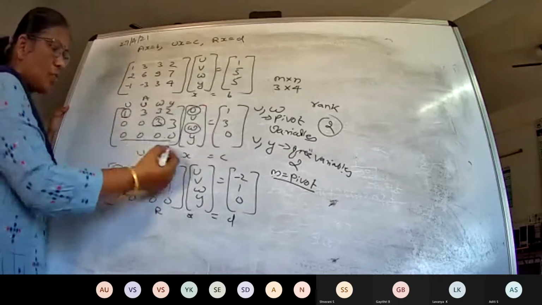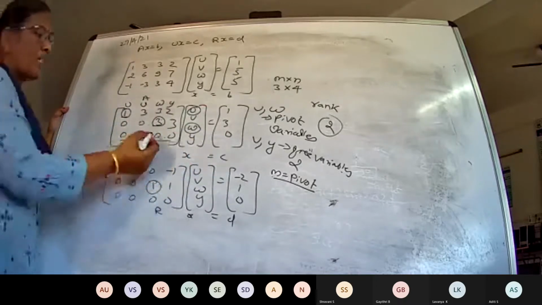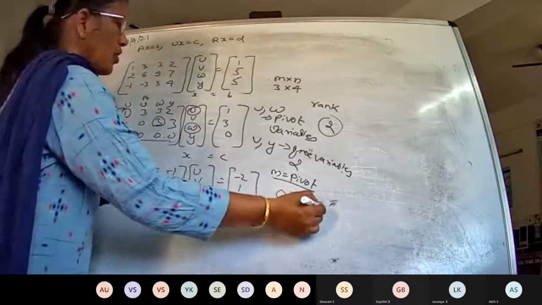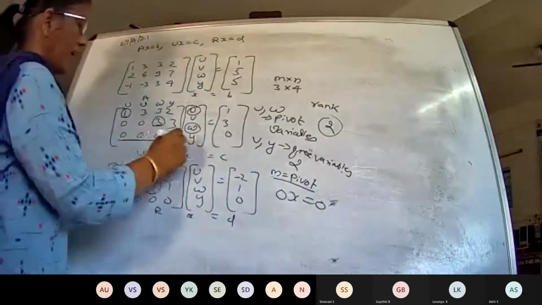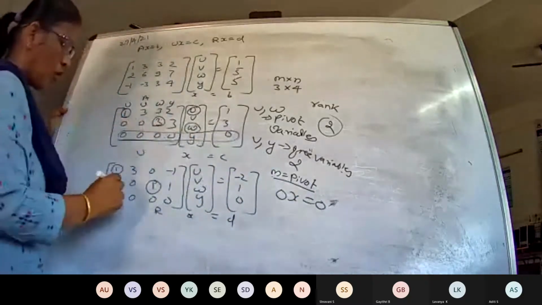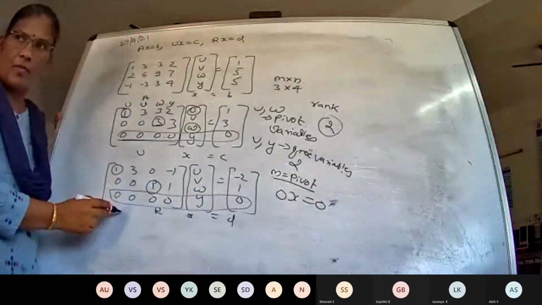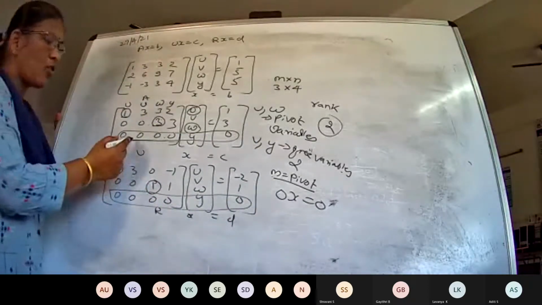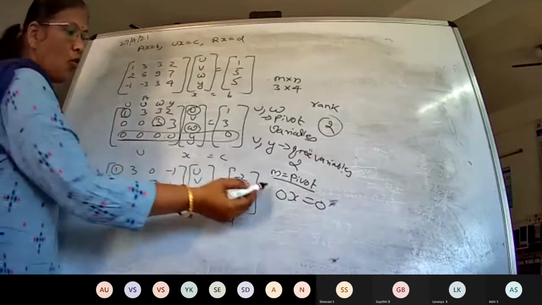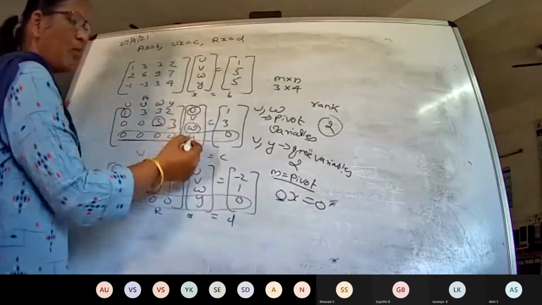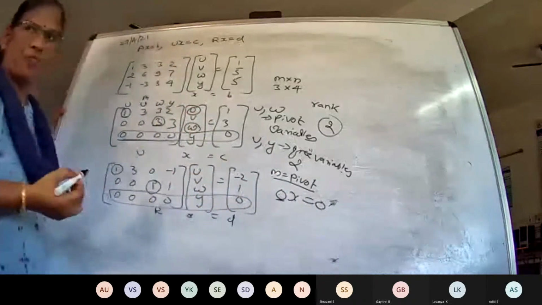And one more thing: this matrix or this expression is solvable. You can see here one of the expressions is like 0x = 0. This is what you are getting at the end. See here, this one or this. Either you can look at the U or you can look at the R. What do you come to know from this last row? 0 into x, the coefficients are all 0. 0 into the variables U, V, W, Y is equal to 0.